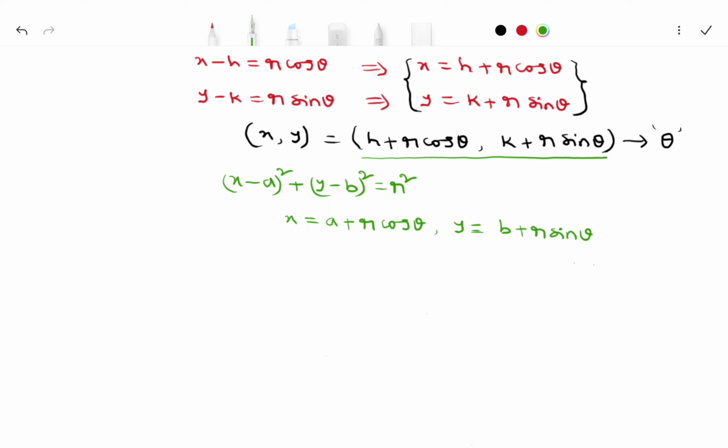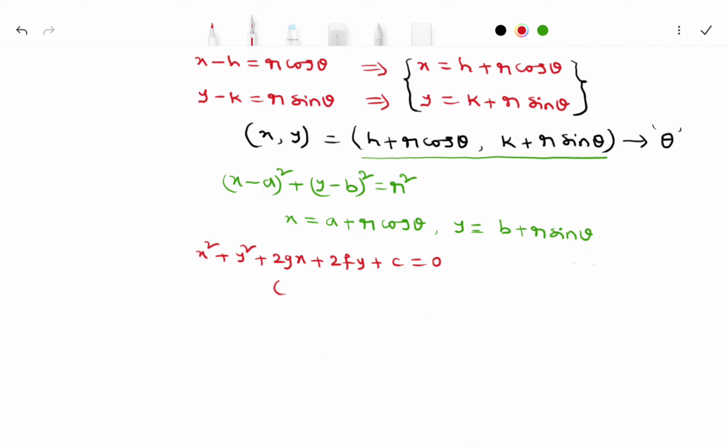And next, what is the other form? That is the standard form: x squared plus y squared plus 2gx plus 2fy plus c equals 0. Now what is the center?